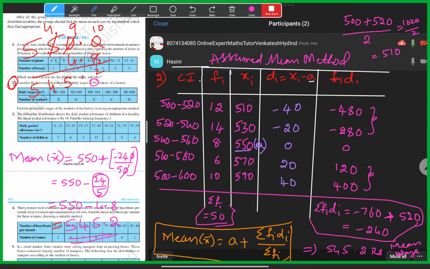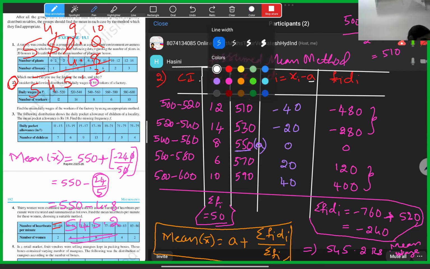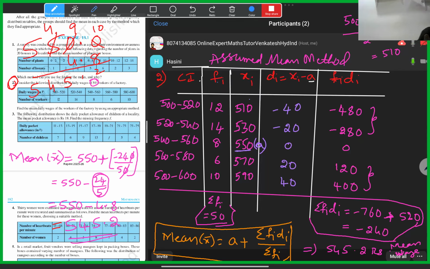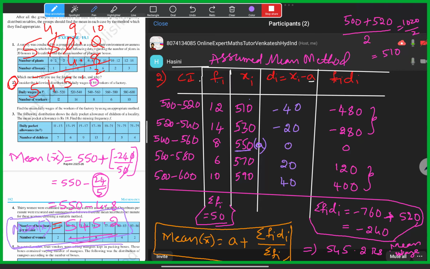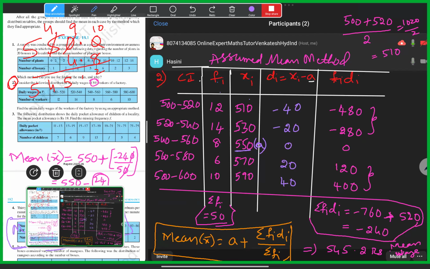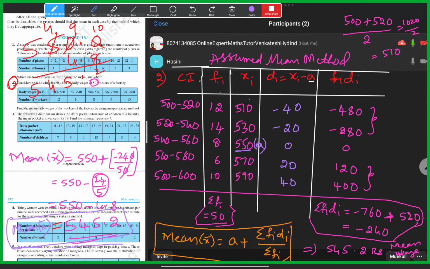Just for our confirmation, we'll check the back answer of the textbook. Yes, 545.2 rupees. So like that, we should exactly get the decimal answer. Most of the answers are accurately given.